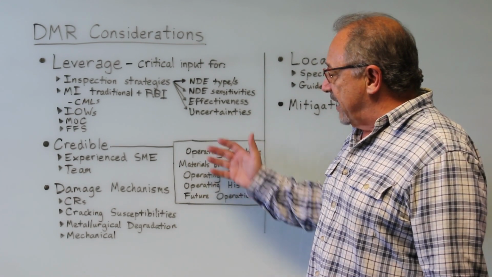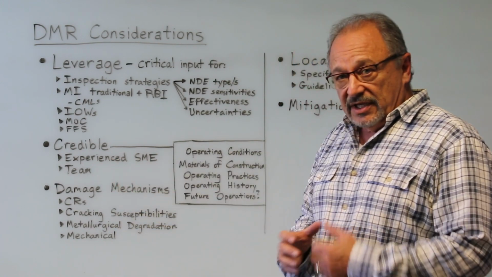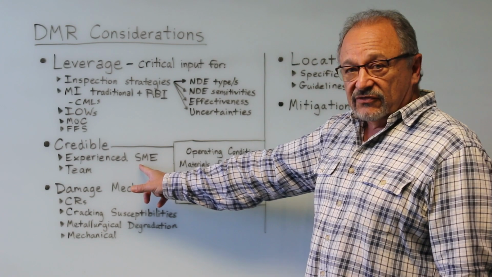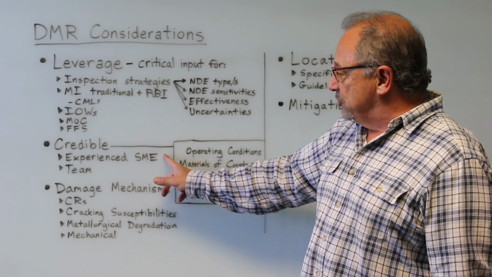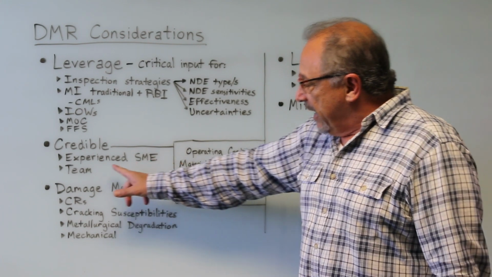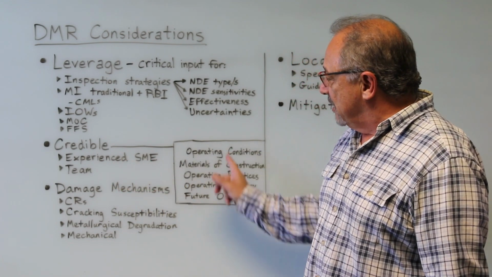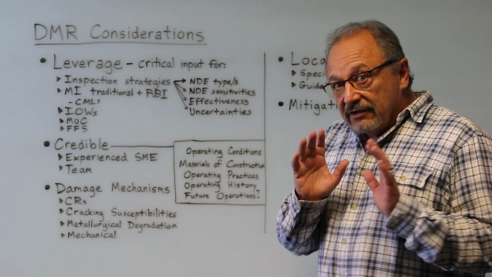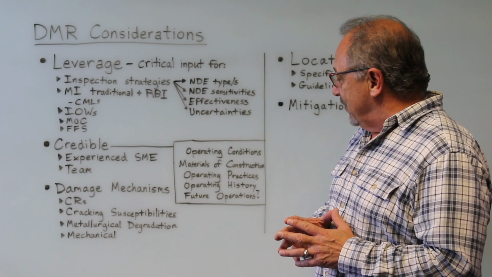So that means I've got to have a good team of people looking at things. So number one, to be credible, I've got to have an experienced subject matter expert, corrosion specialist or corrosion materials metallurgical engineer. And then I need to have a good team because I need to be able to identify these things, right? And I'll give you a little key that I've learned over the years.